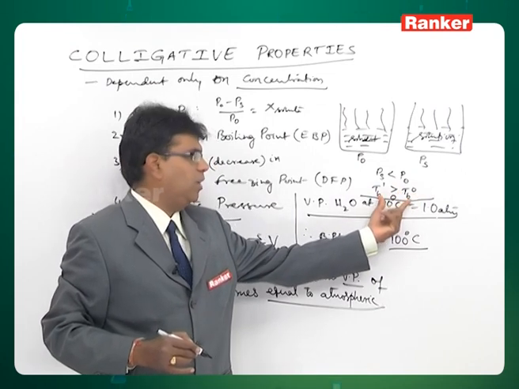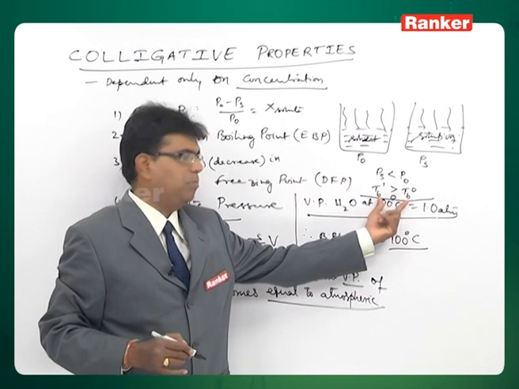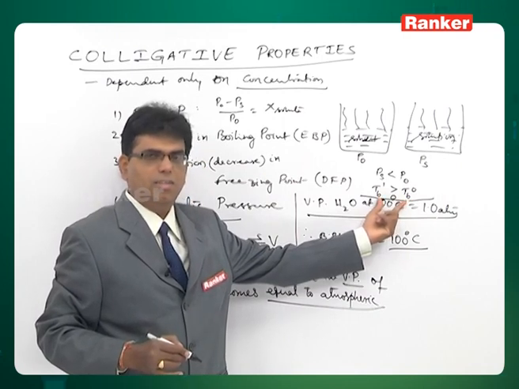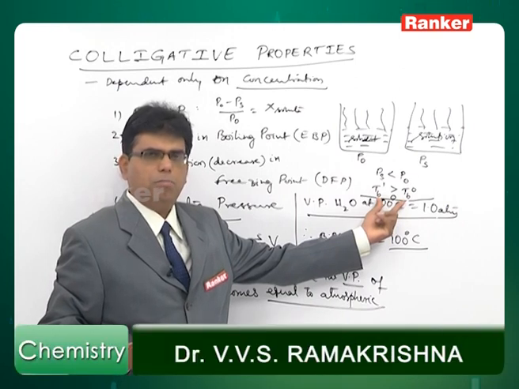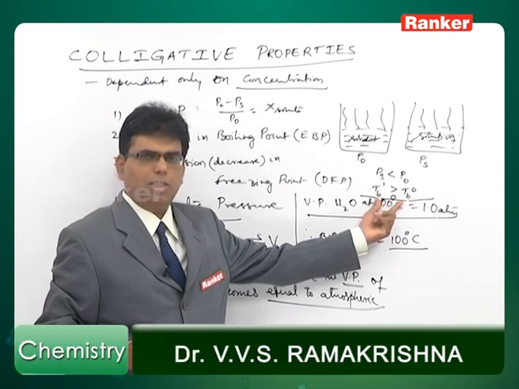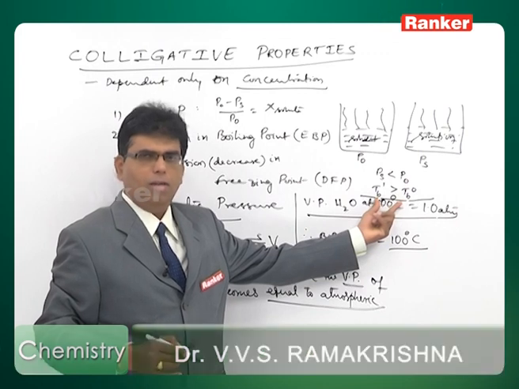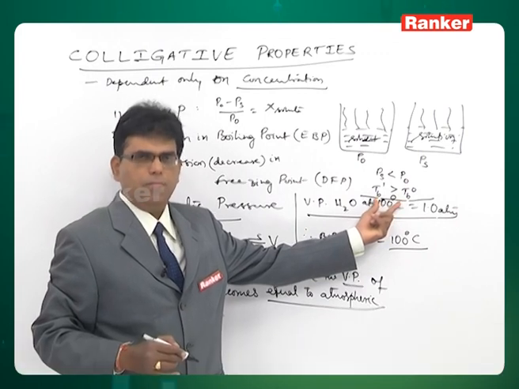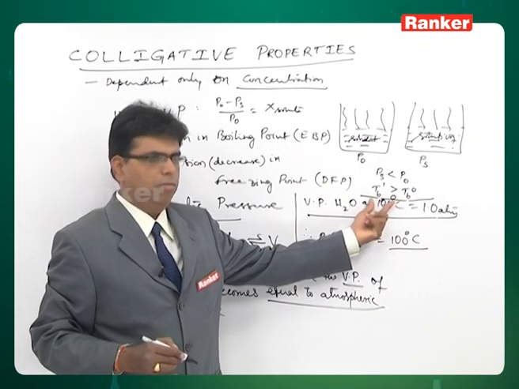This difference, Tb dash minus Tb naught, that increase in the boiling point temperature, is what we call elevation in boiling point. How does this elevation in boiling point relate to the concentration? Now we discuss.